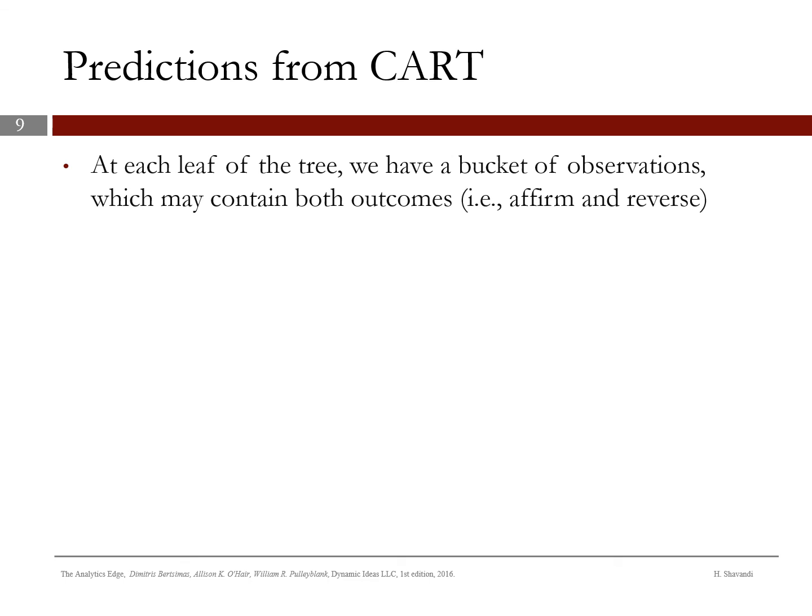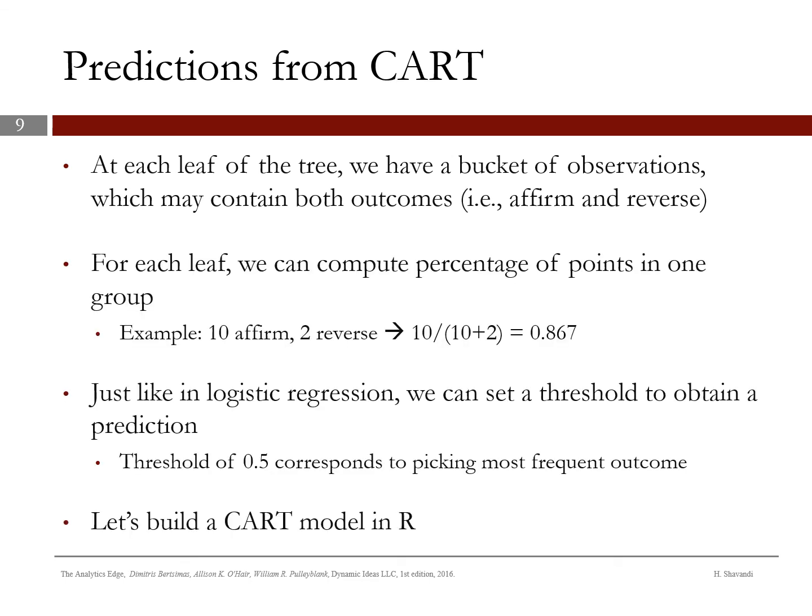After building a classification tree, let's see how we can make a prediction. At each leaf of the tree, we have a bucket of observations, right? Here we may have both outcomes, like affirm and reverse, in one bucket. For each leaf, we can calculate the percentage of points in one group.